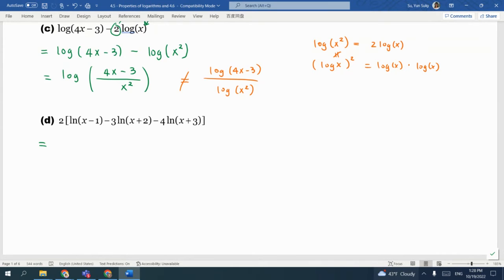So which means we can choose to combine these first and then move the 2 on top of everything inside the ln. Or you can distribute the 2 first and then move the power on top and then combine. Okay, so there are different ways to solve this problem. Which way do you prefer?